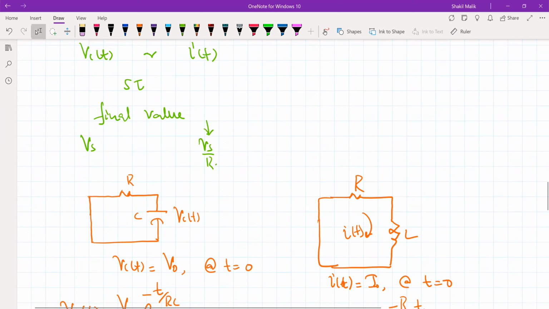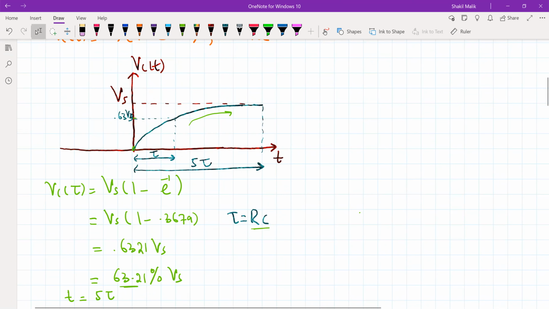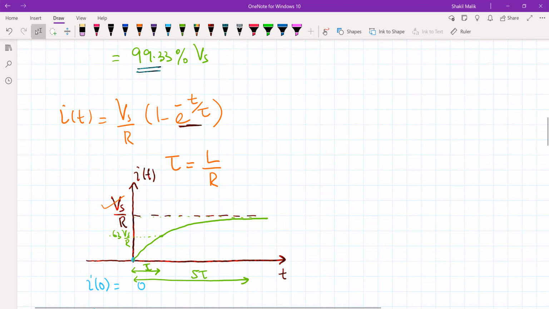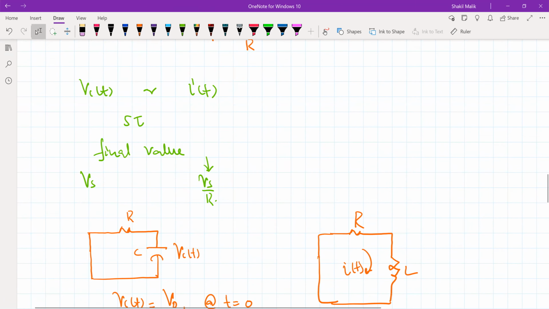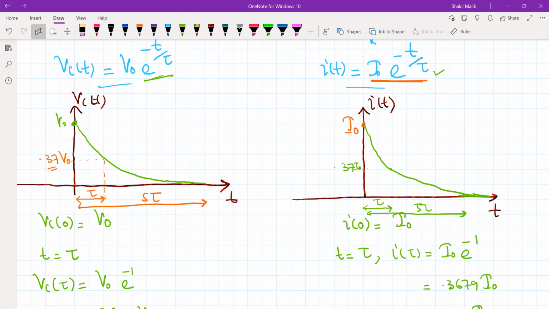And please have a look at these notes, how we plotted the capacitor voltage and inductor current, both in charging and discharging cases, and what is meant by one time constant and 5 time constants, in both charging and discharging cases.